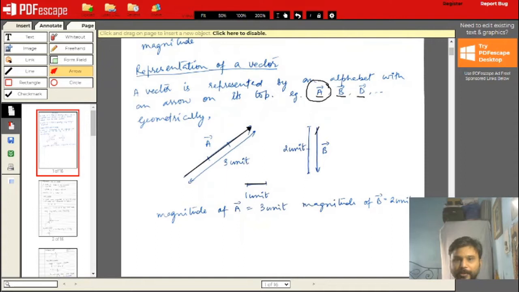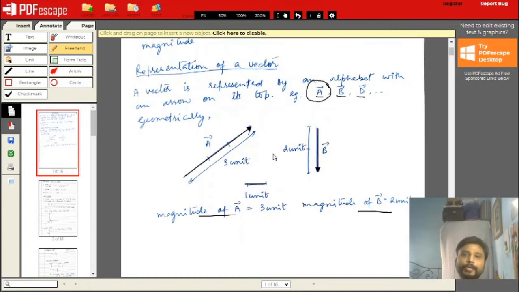This B vector is drawn like this. It is 2 units in magnitude and its direction is shown like this. So this is B vector. Below it, it is written that the magnitude of A vector is 3 units and the magnitude of B vector is 2 units.